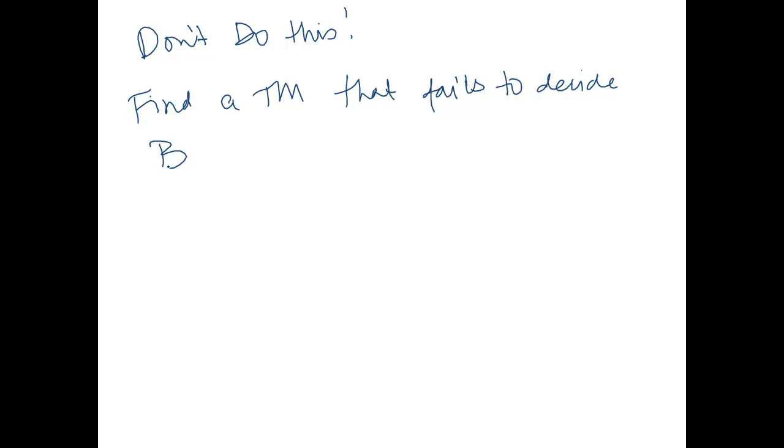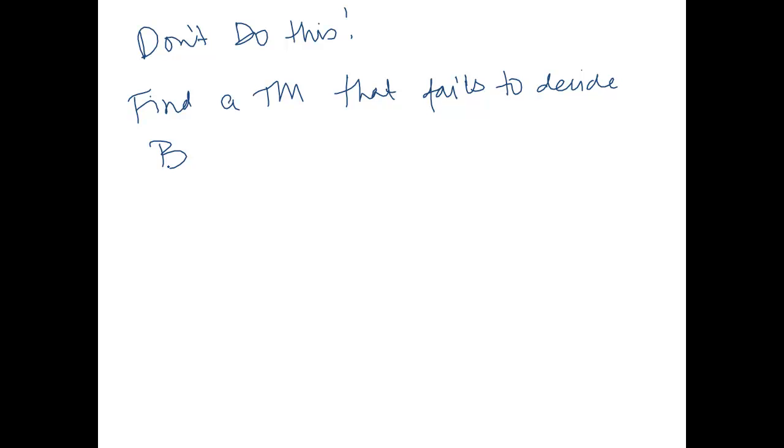Why does this not work? I can make any machine run forever. I can construct a Turing machine that will loop on any input. Just because some machine runs forever on some of the inputs that should be in B doesn't mean that every machine will.